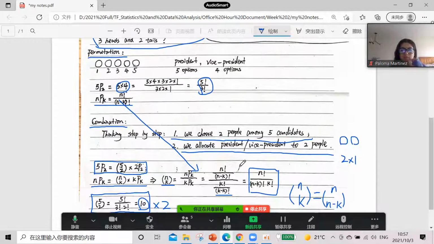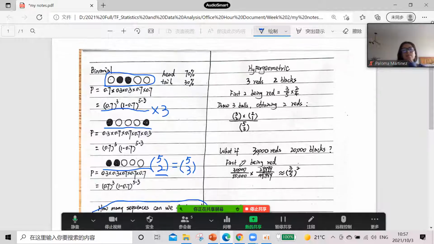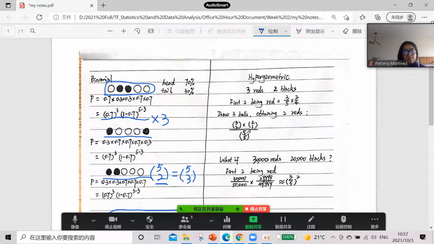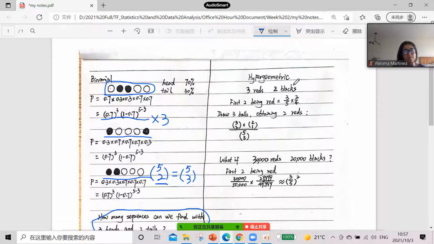After this, I'm going to talk about the hypergeometric distribution, and after the discussion of the binomial, I think it's much easier. So for example, I have 3 reds and 2 blacks.